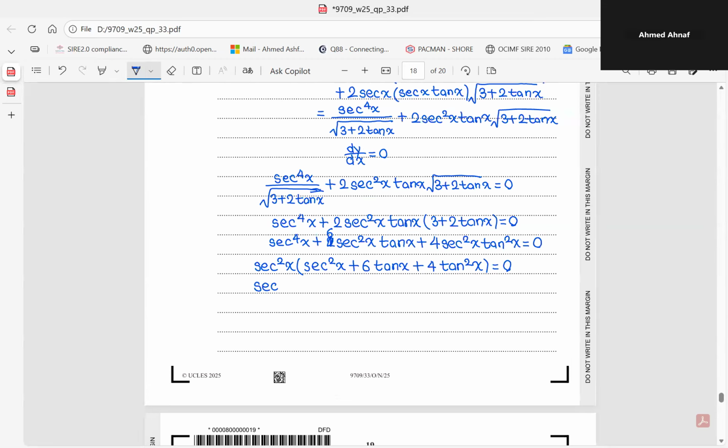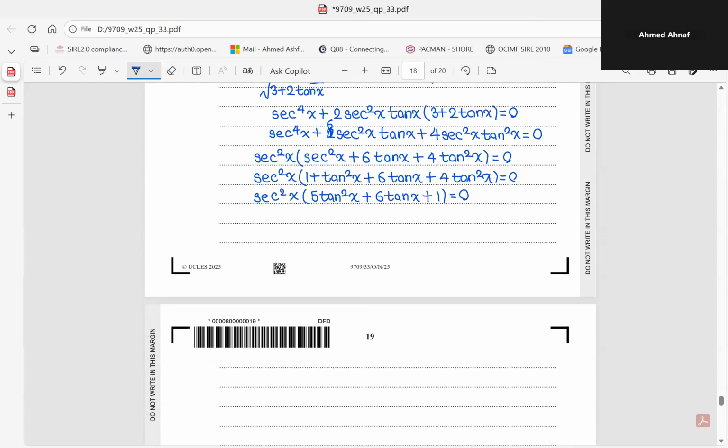So secant square x is 1 plus tangent square x plus 6 tan x plus 4 tangent square x equals 0. And then you get secant square x times, tangent square plus 4 tangent square, you get 5 tangent square plus 6 tangent x plus 1 equals 0.